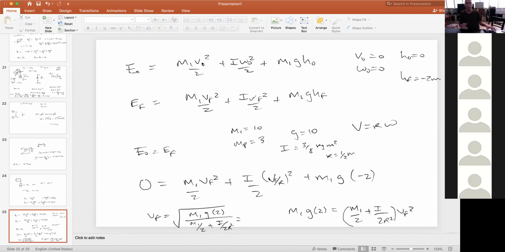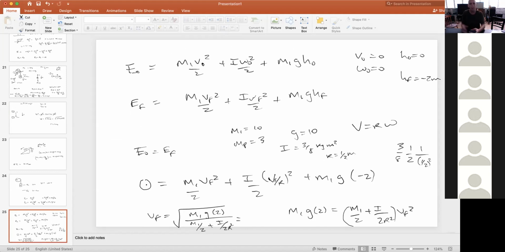Plugging these numbers in, 10 times 10 times 2 is 200, divided by 10 divided by 2 is 5, plus 3/8 times 1/2 times 1 over 1/2 squared, which is a fourth. So this becomes 3/4, assuming my math checks. And the square root of this answer is 5.89. I don't know if my math checked.